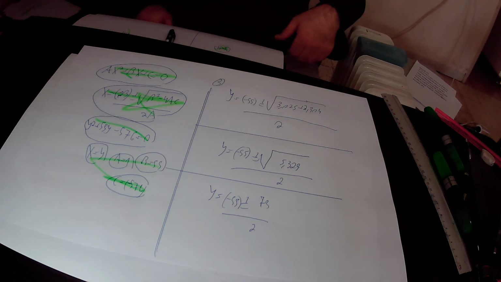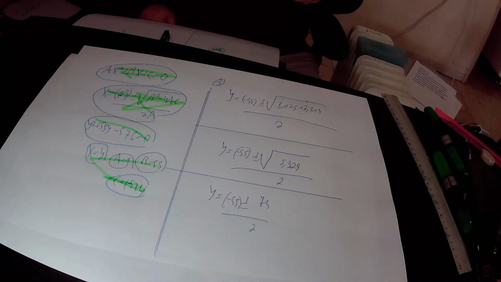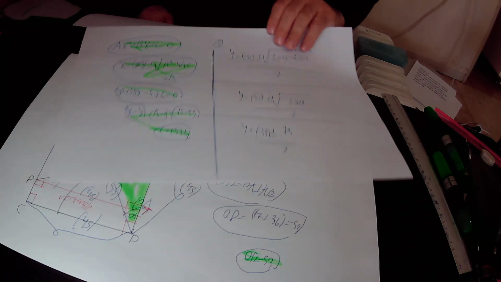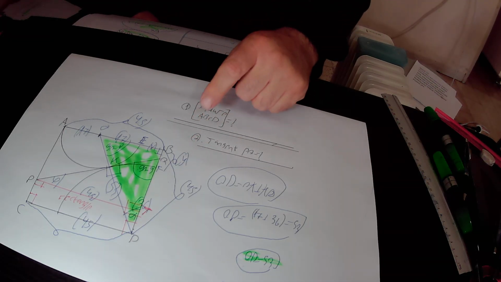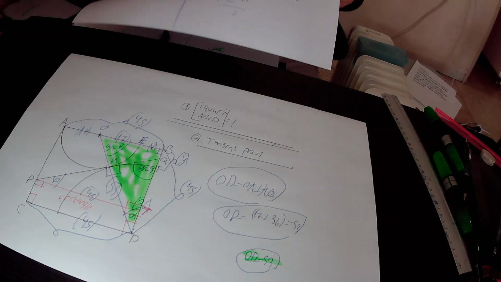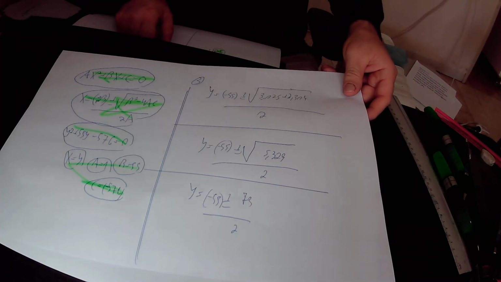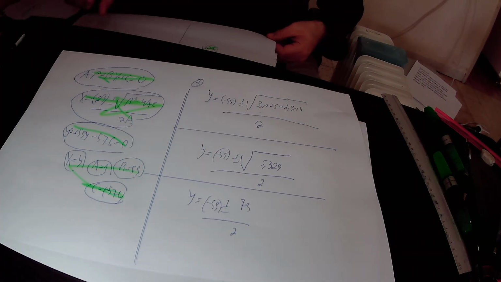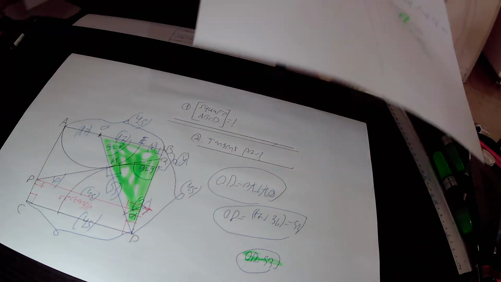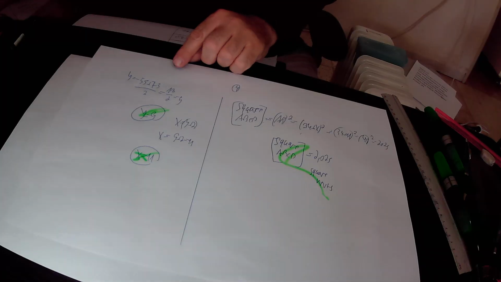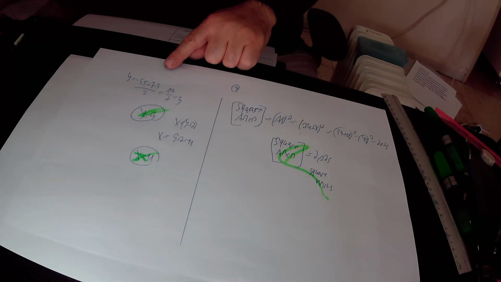So here we have two possible solutions for y, and we are going to take only the positive solution, because y is a length, so it must be a positive number. So the positive solution for y is as follows. y equals minus 55 plus 73, over 2.